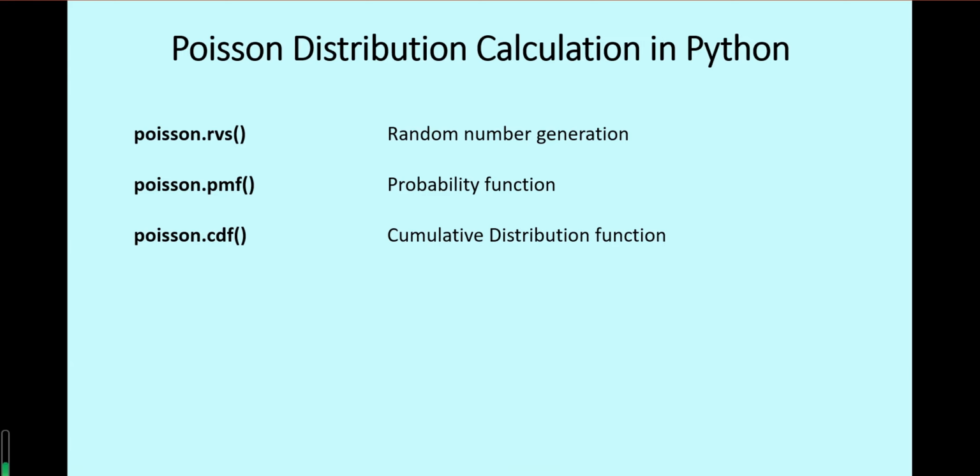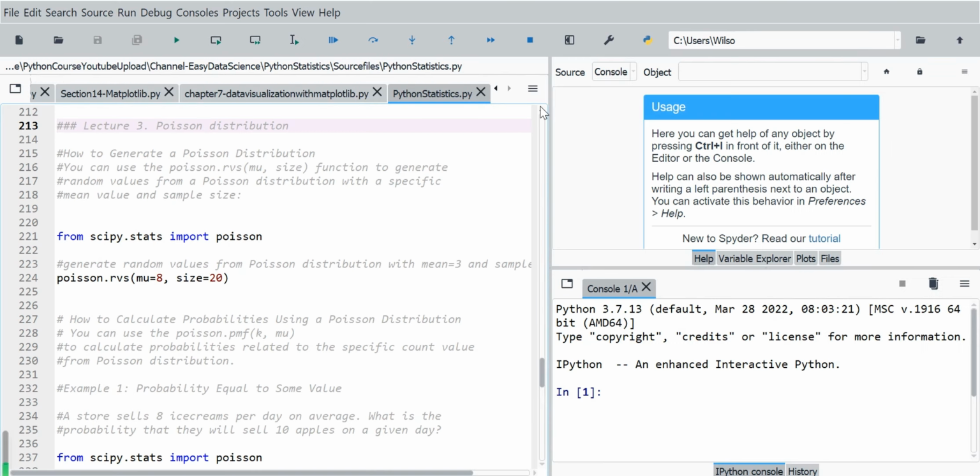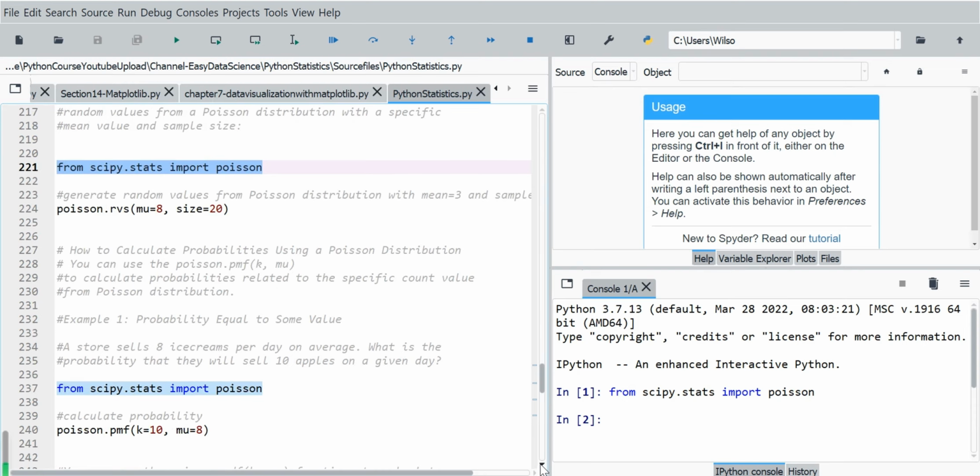Next we will show some examples of performing Poisson distribution in Python. First we have to import the poisson module from the package scipy.stats. Scipy is a statistics package.